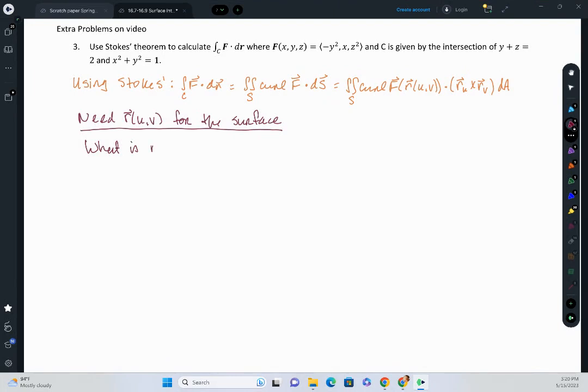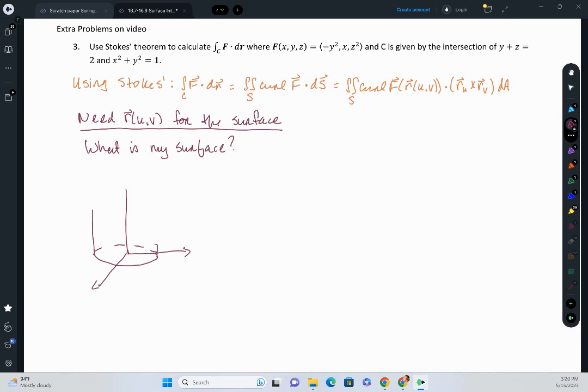What is my surface? Well, the best I can do right now is draw the region that I've been given. They're telling me that C, my curve, is the intersection of the plane y plus z equals 2 and the cylinder x squared plus y squared equals 1. I can draw my cylinder first, or at least part of it.